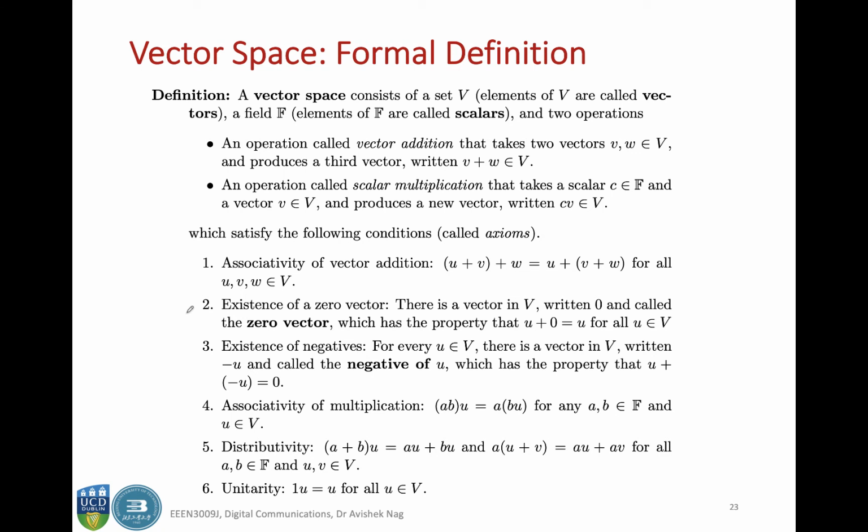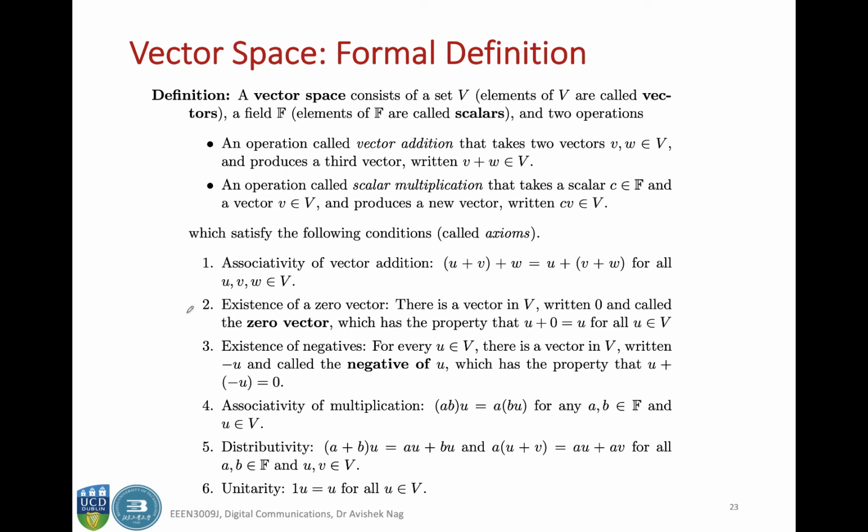Having said that, what we discussed so far can be formally defined and summarized like this. You can define a vector space as consisting of a set V where the elements of V are called vectors. It also consists of a field F where the elements of F are called scalars, and two operations.